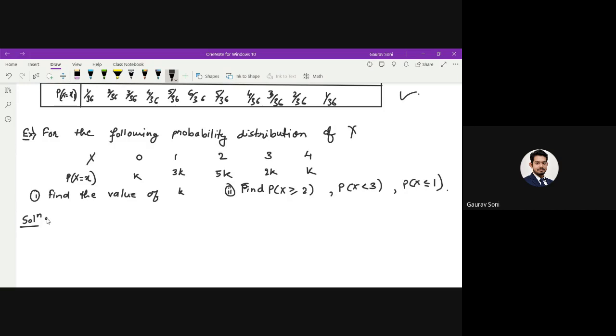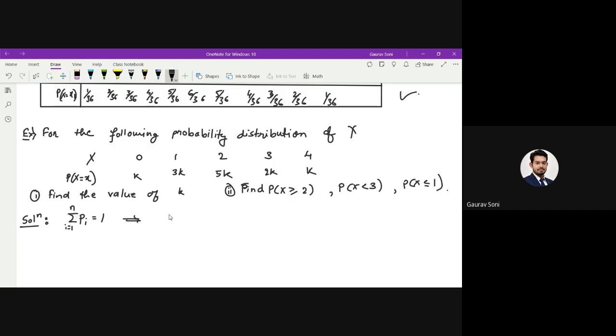Sir, k is 1 by 12. Why 1 by 12? Sir, addition of all these must be equal to 1, so that's why. Exactly. So summation pi, i running from 1 to n, is always 1.